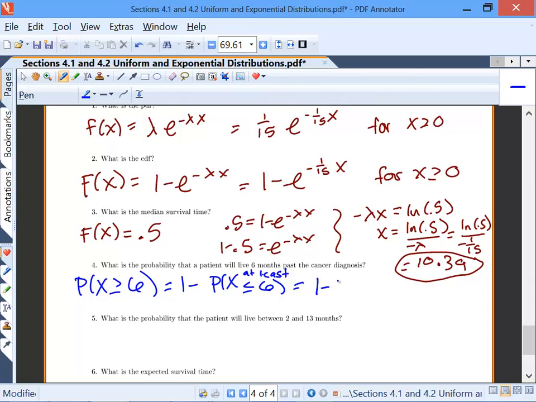So it's 1 minus the CDF evaluated at 6. I have my CDF up above, so I just plug it in.